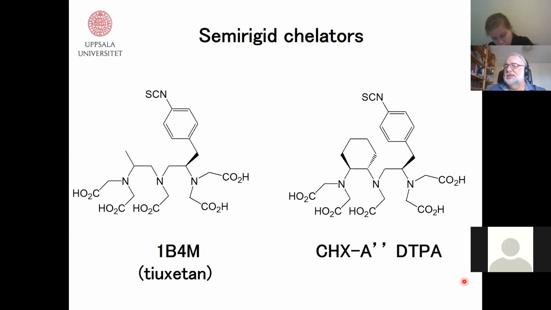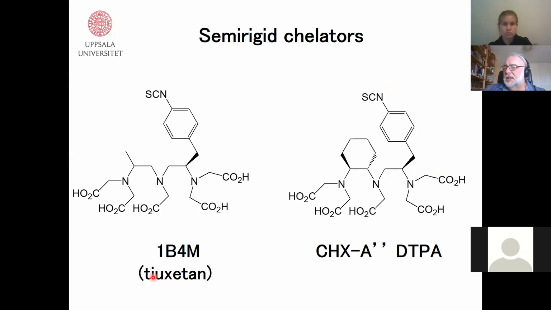Here are two examples of semi-rigid DTPA derivatives. They both contain the benzyl isothiocyanate moiety for conjugation to amino group of, for example, antibody, but they have also some organic constituents.